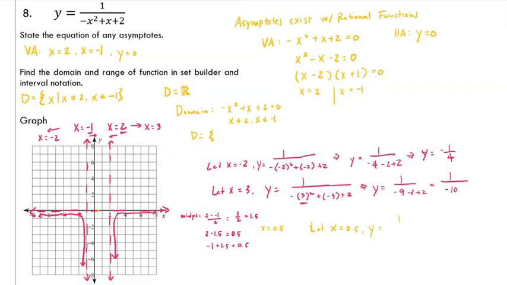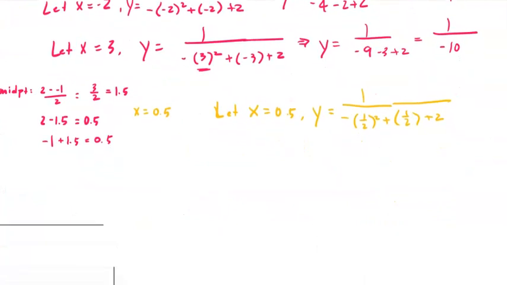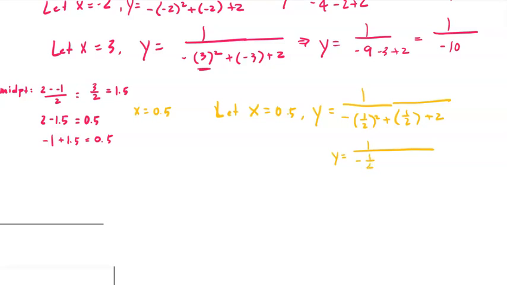y equals 1 over negative 1/2 squared plus 1/2 plus 2. Okay. Now that is y equals 1 over negative 1/4 plus 1/2 plus 2.